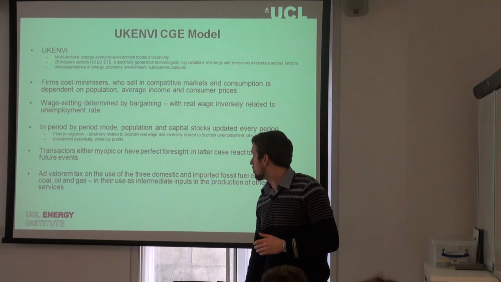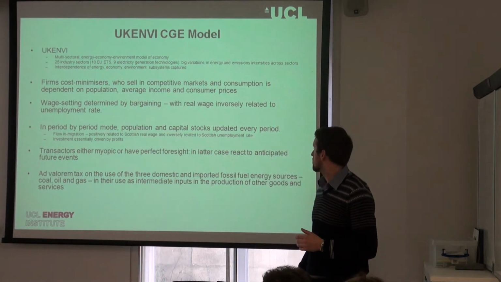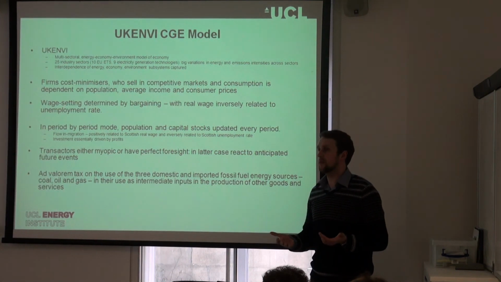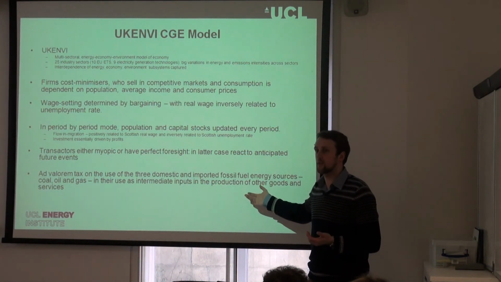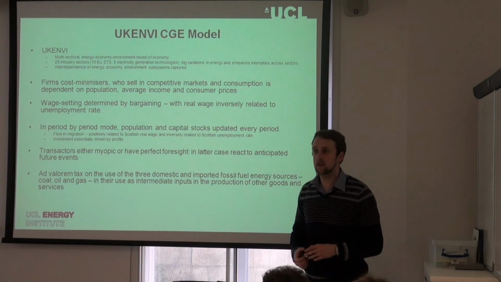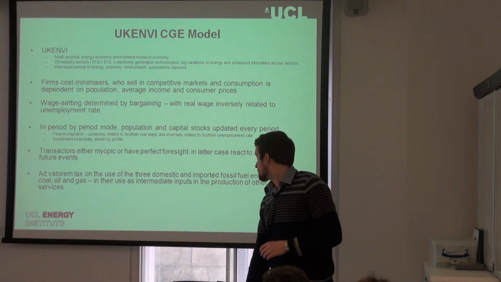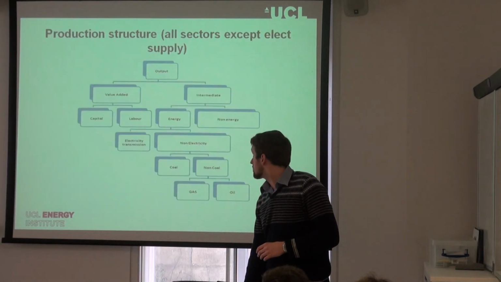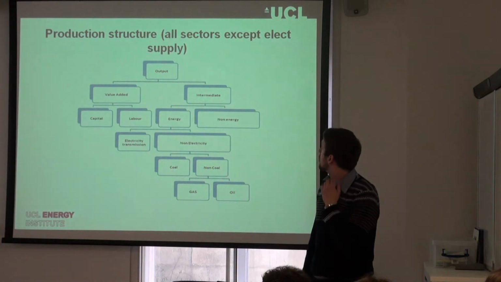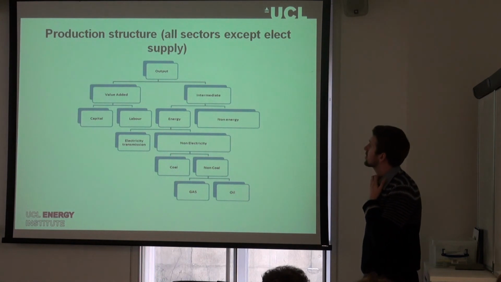Basically I wanted to look at the effect of a carbon tax, or a tax on fossil fuels based upon their carbon content. The production structure of each sector, apart from the electricity supply sector, all looks like this.